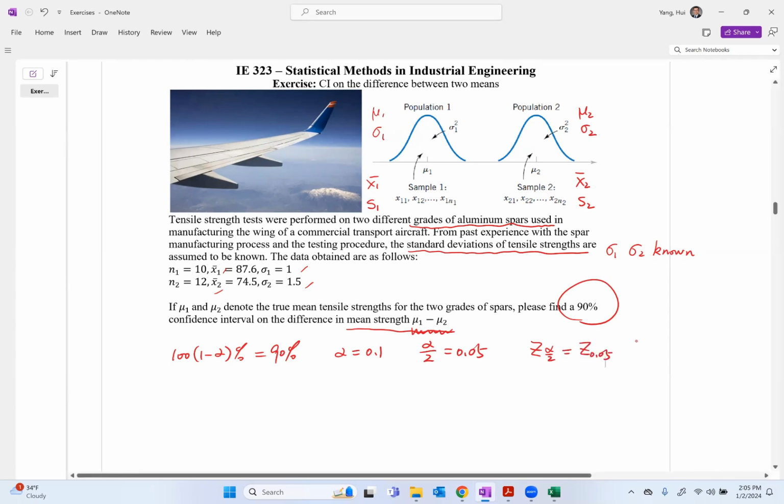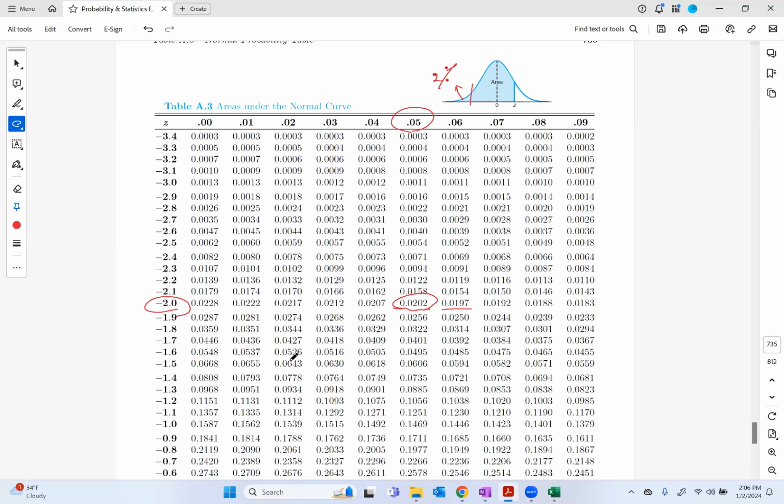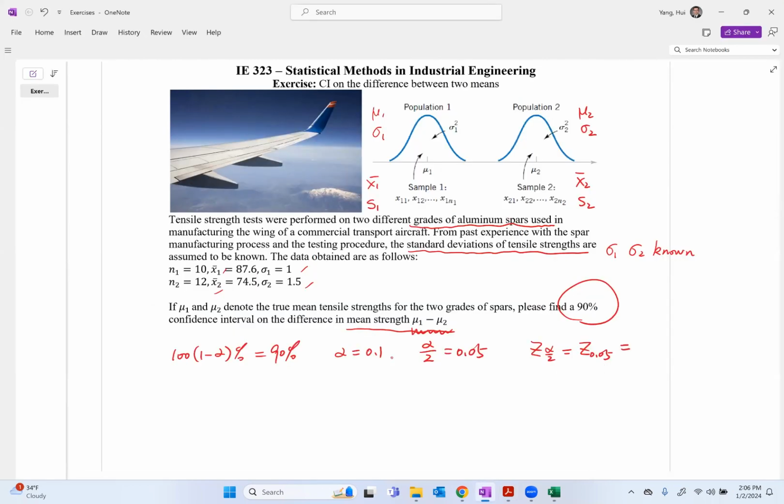We have already derived this. If we look at the table, 0.05 should be right here: 0.0495 and 0.0505. In the middle of these two, that is 1.645. So this will equal 1.645.